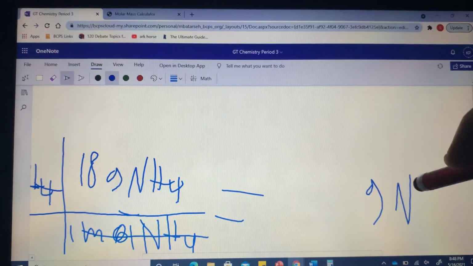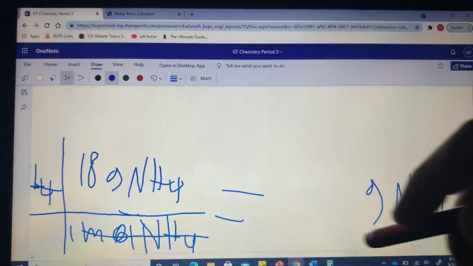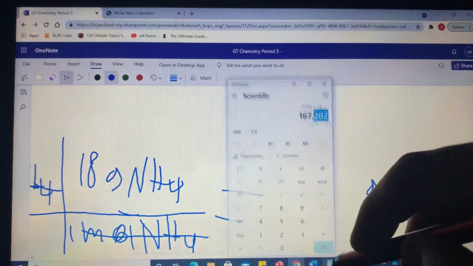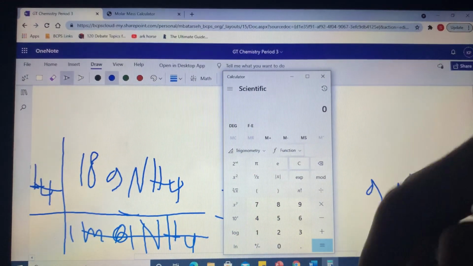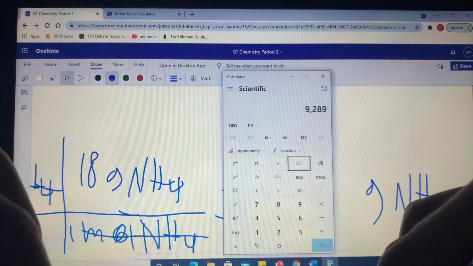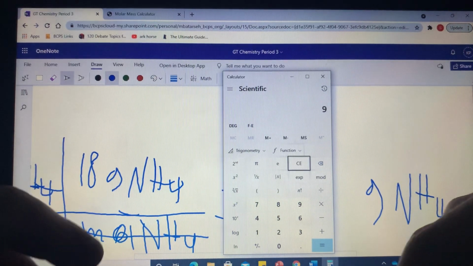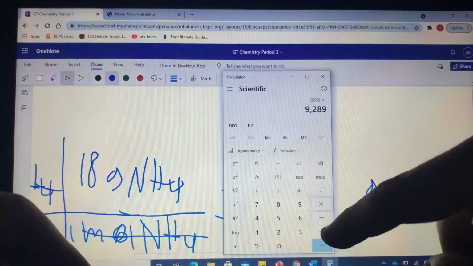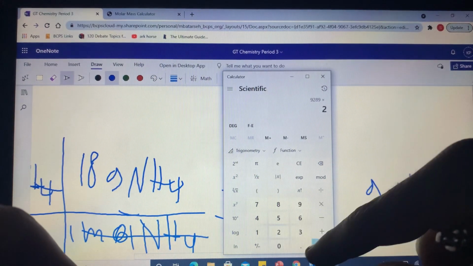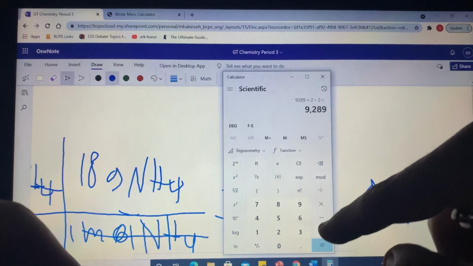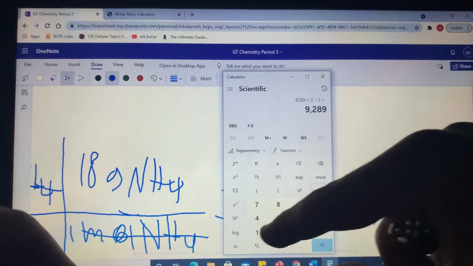Grams of NH4. Now, let's use our handy-dandy calculator, and to find the answer, we multiply 9,289 times 18.